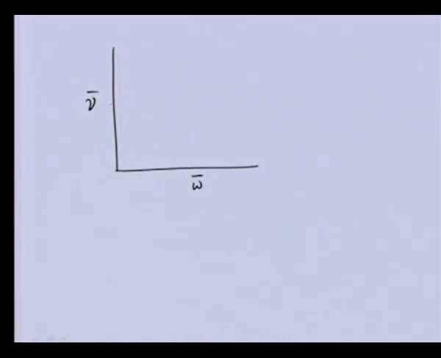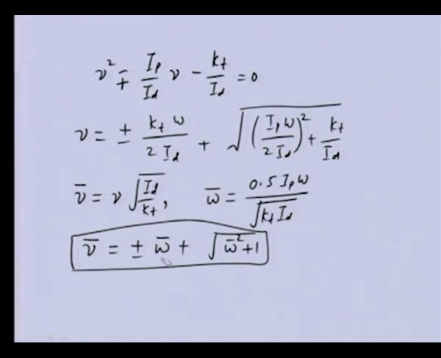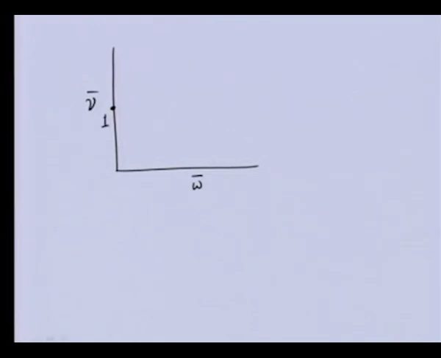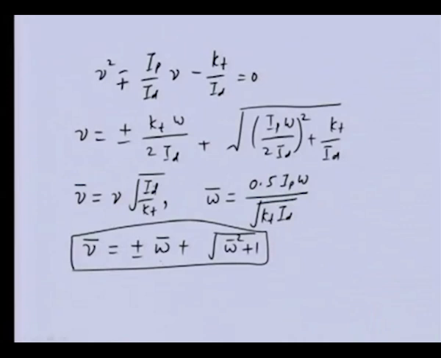So, this equation I am plotting with respect to nu and the spin speed ratio. So, at omega is equal to 0, we expect there will be a single value. If we put omega is equal to 0, basically we are getting 1 only. So, that is this point 1, and as we increase the omega bar, we will find that there will be two values.